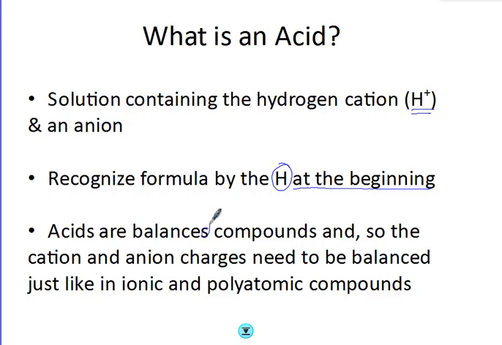The cation and the anion charges need to be balanced just like ionic and polyatomic compounds. So we have a plus and a negative charge, and when we put them together, we have to make sure they equal each other out. Go ahead and press pause. Make sure you get this down.